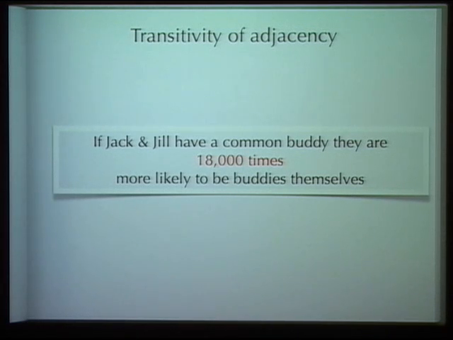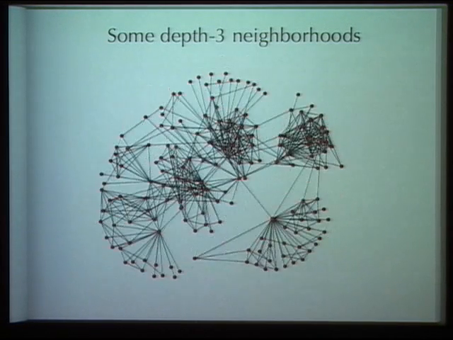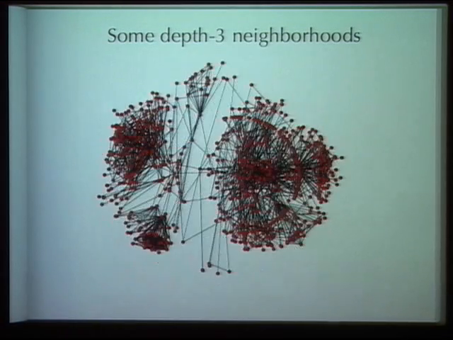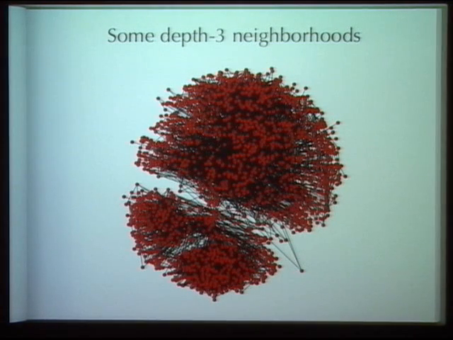And I'll show you some pictures of what happens when you pick a random vertex in this graph and do breadth first search just to depth 3. You will see that it's not necessarily very tree-like. You can see, for example, that very dense graph on the right, and it gets worse. So these are all depth 3. And it's not at all what an Erdos-Renyi graph looks like.